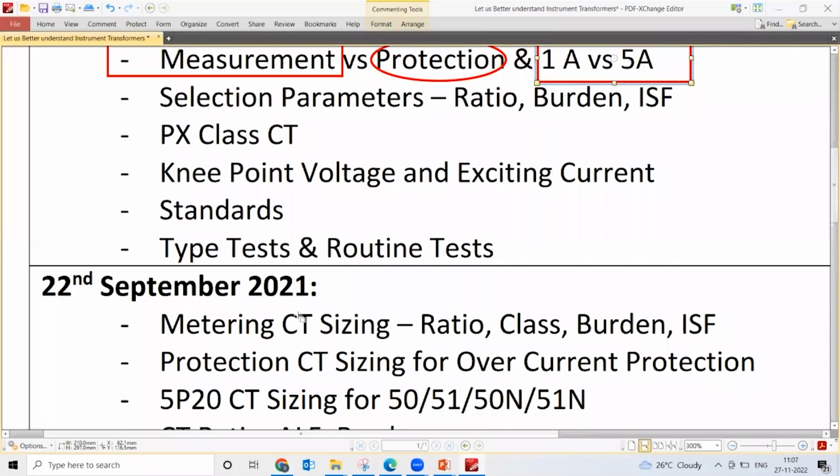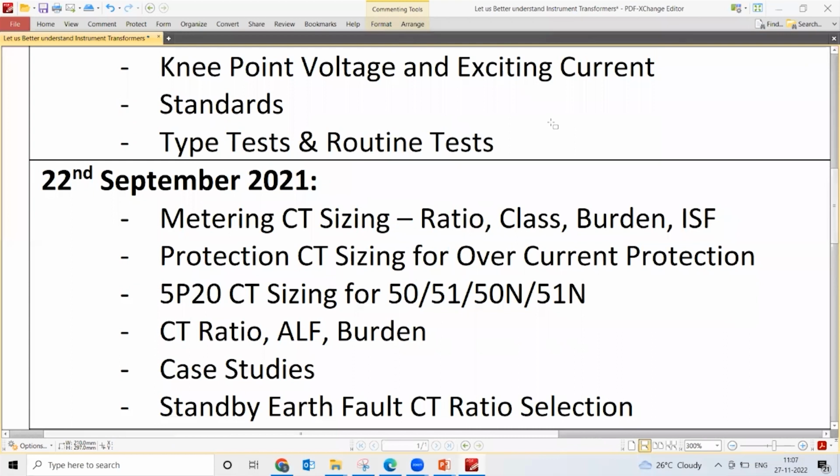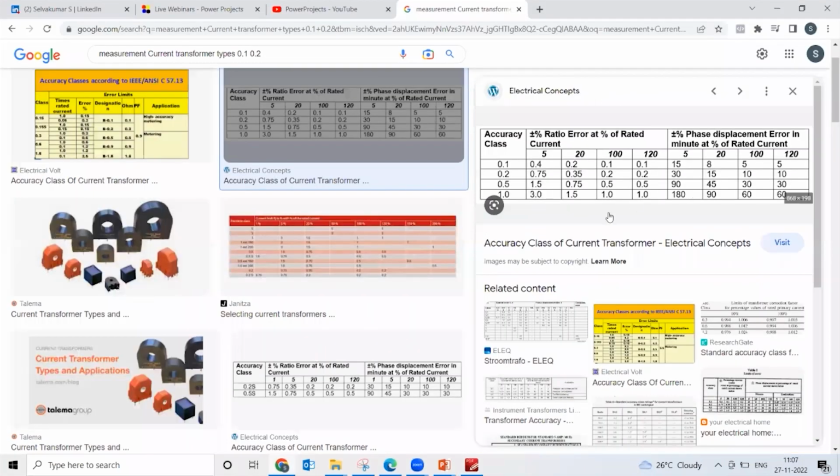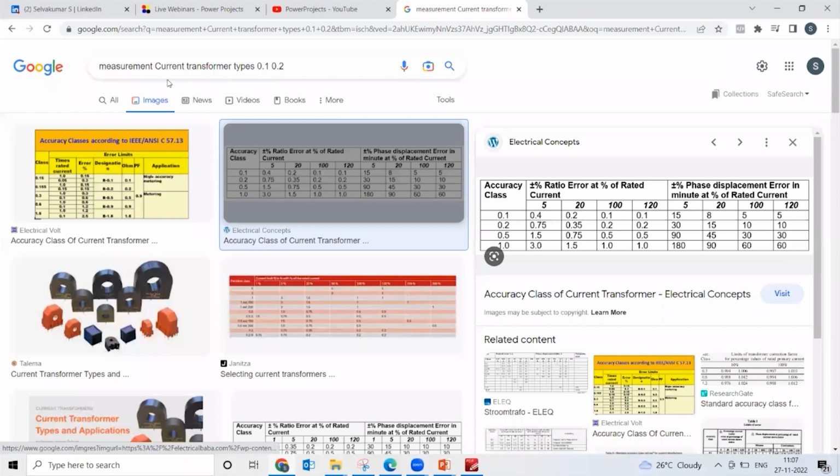So what we have seen here is the metering CT. Then you have protection CTs in multiple classes. For protection CTs, you have the normal class, that is 5P class or P class.